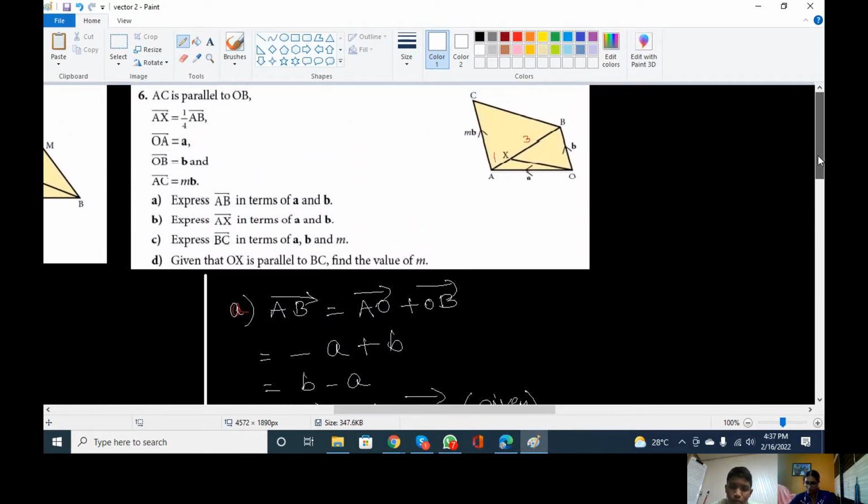Next, C bit, BC. B to C, how can we write it? We can write BA plus AC.